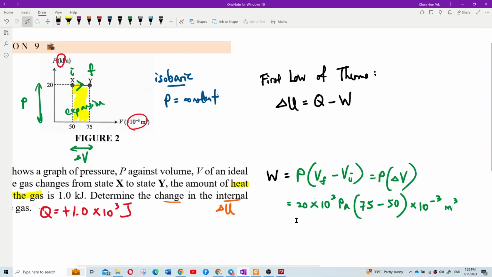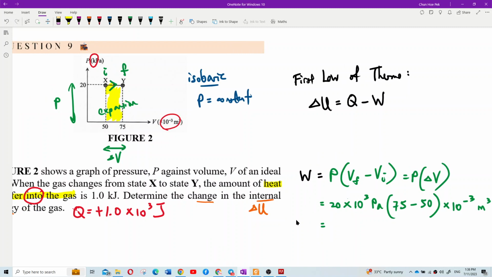So you got the answer, class? Sorry lah, my sound getting weird. And then heat. So you use a calculator and press lah. Then the heat also you substitute there.